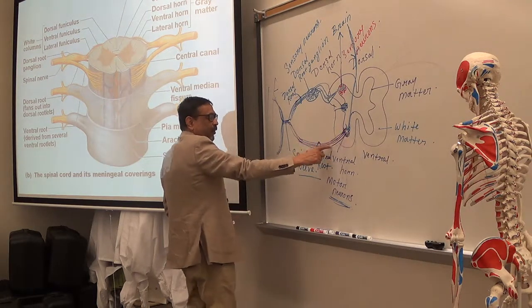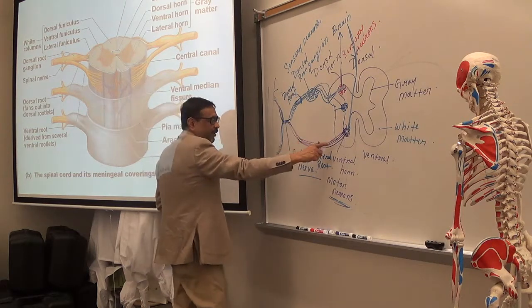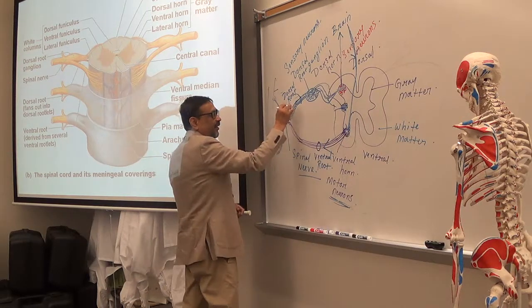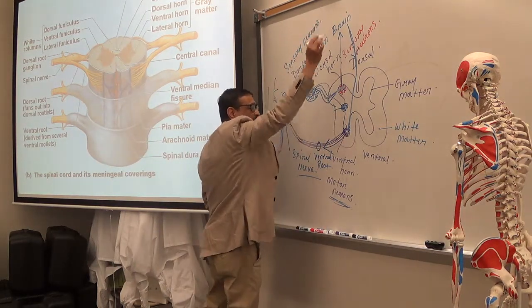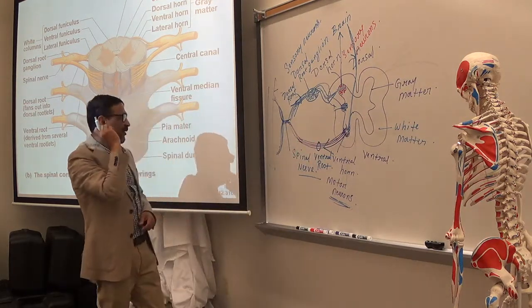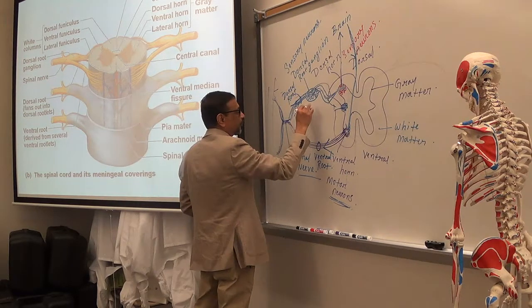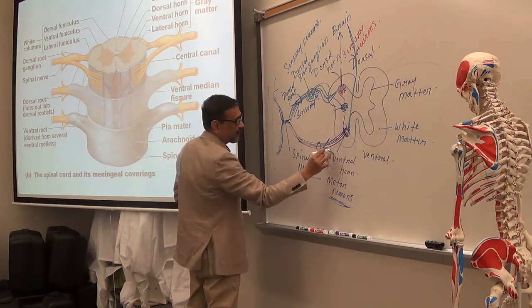And the signal will go towards the body wall through the ventral root. So this way. And this signal goes this way. So sensory is towards the central nervous system, motor is out from the central nervous system. Okay. So this is sensory, and this way is motor.